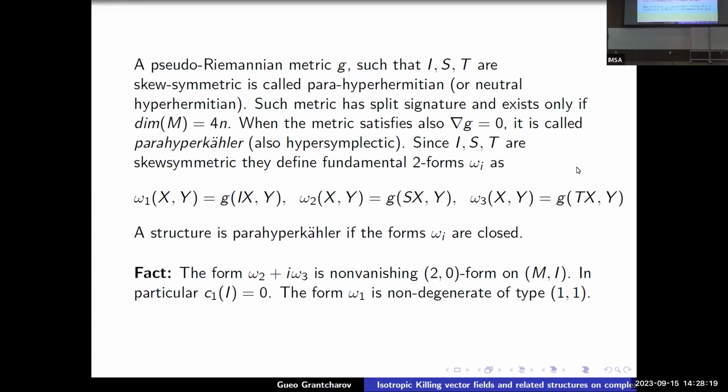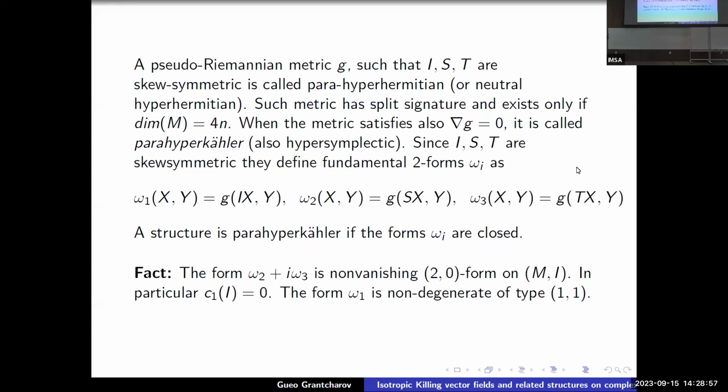And these are the corresponding problems because they are symmetric. But if you want that, you immediately see that this S is not an isometry. In order for this one to be skew, S is actually anti-isometric. So g of S x y is actually negative, same as P. But if these are the two 2-forms, the basic observation is that this form coming out of S and P again is of type (2,0) for the complex structure.